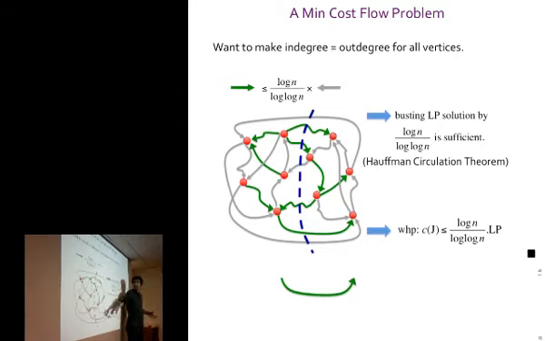Actually, once you want to apply this, you're going to run a lower bound flow. You want to put a lower bound of 1 on the green edges, but then this circulation theorem says we can just add gray edges to satisfy the lower bound. And this is the solution.